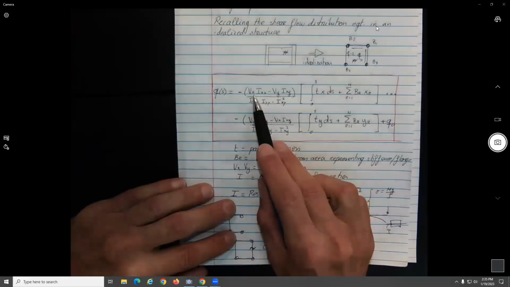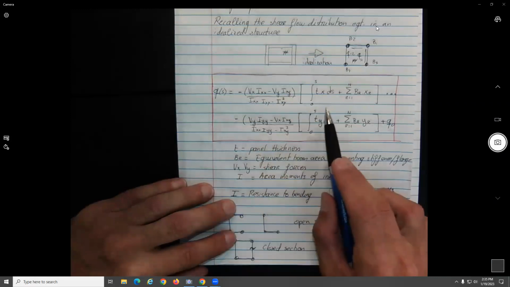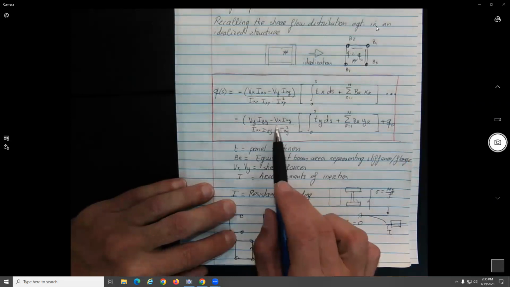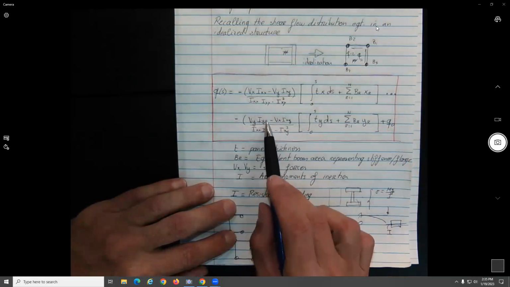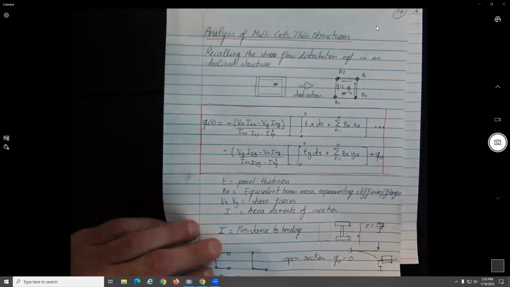In this equation, this Vx is 0, so this term cancels. Ixy is 0, so all this term is going to cancel. We are only left with one term that is a function of Vy. You see the Iy cancels, you only have Ixx and these two terms.